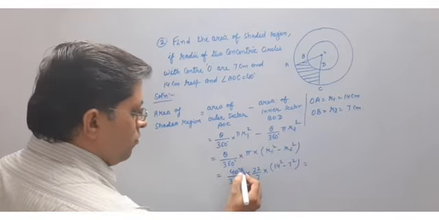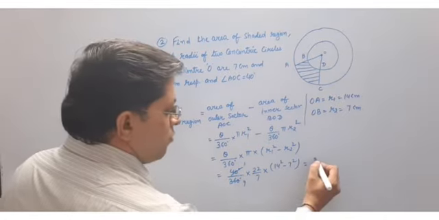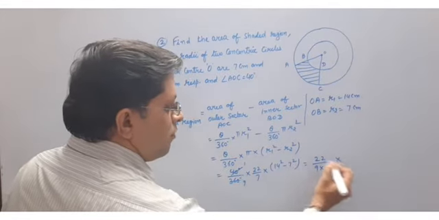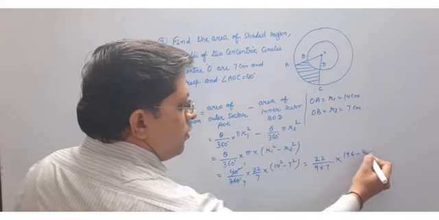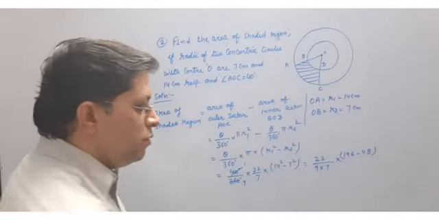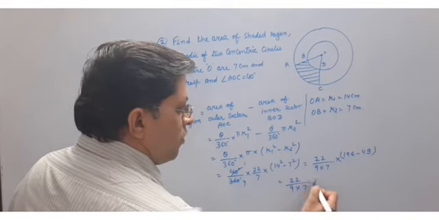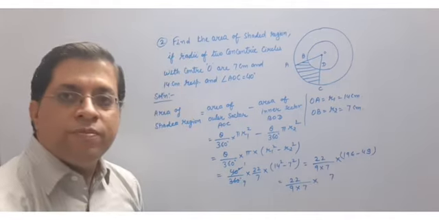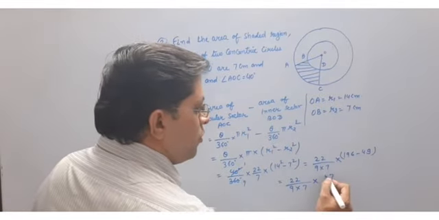Then what will come? 40 upon 360 is 1 upon 9. This is 22 upon 9 into 7, this is 196 minus 49. Then what will come? 22 upon 9 into 7. 196 minus 49 is 147.